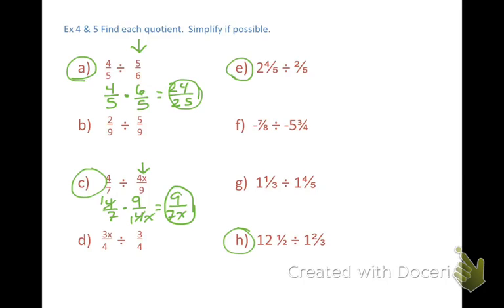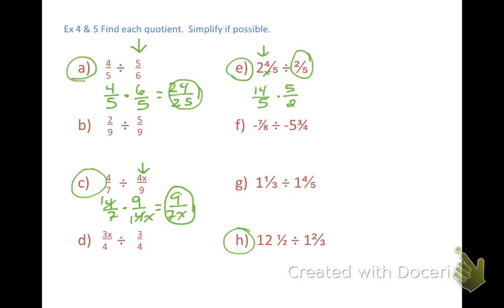E. Again, because we're making it a multiplication problem, you're going to do two things at once. You're going to turn this into an improper fraction. So 5 times 2 is 10 plus 4 is 14. So it's 14 over 5 times, and you flip the second one, so it'd be 5 over 2.